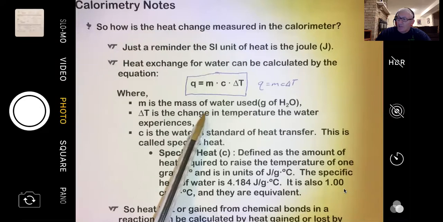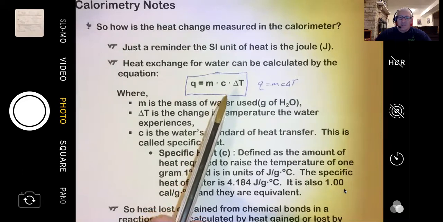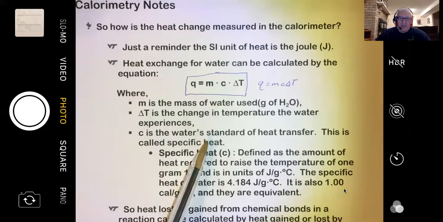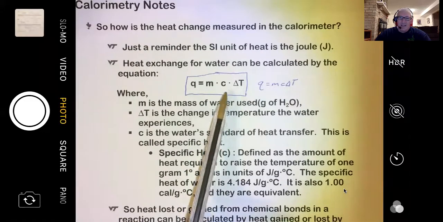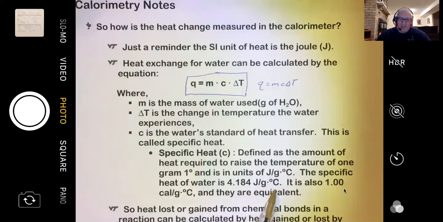Now, more generally, if we're talking about just any substance, like heating up a bar of aluminum, we'd want to know the mass of the aluminum. C is the specific heat of the material. Now, if we're doing these calorimetry problems where we are looking at how much heat is associated with a reaction, we're always going to be using water, okay? And so C, for lots and lots of problems, will be 4.184 joules per gram degree Celsius, all right?